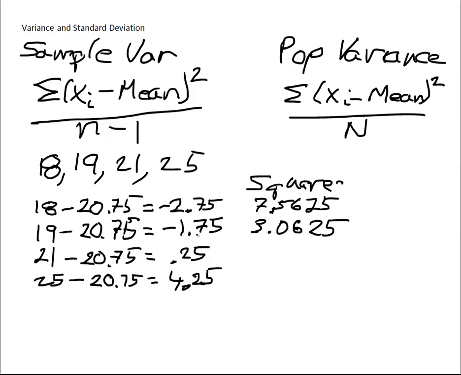If I square 1.75, square 0.25, so 0.25 times 0.25, I calculated it's 0.0625. Hopefully I got that right. And then 4.25 squared is 18.0625.